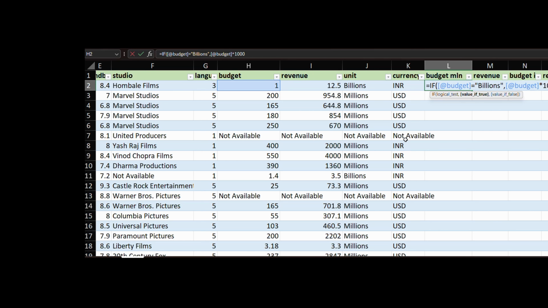Otherwise, you just write the budget. Close it, and if you press enter, you will get the value.